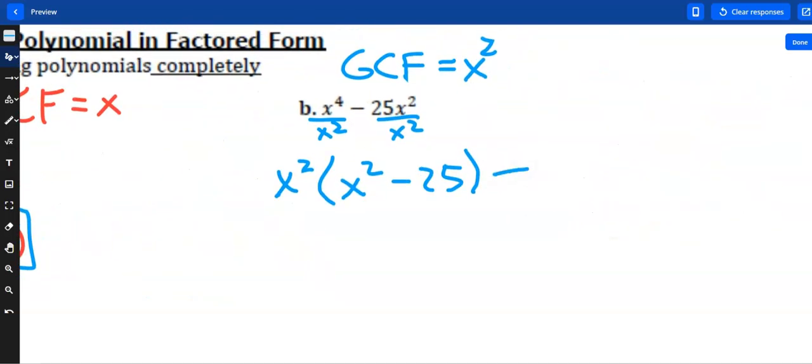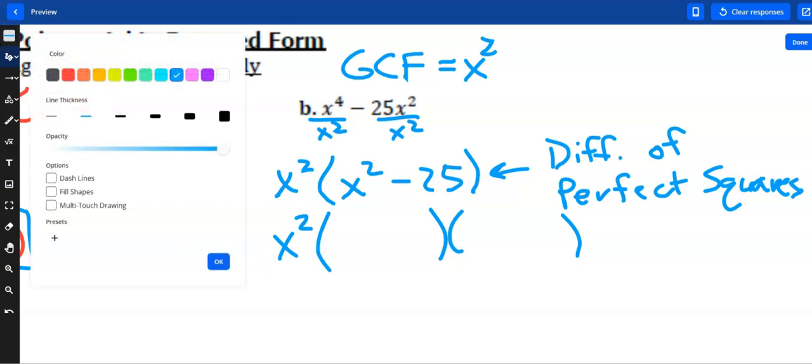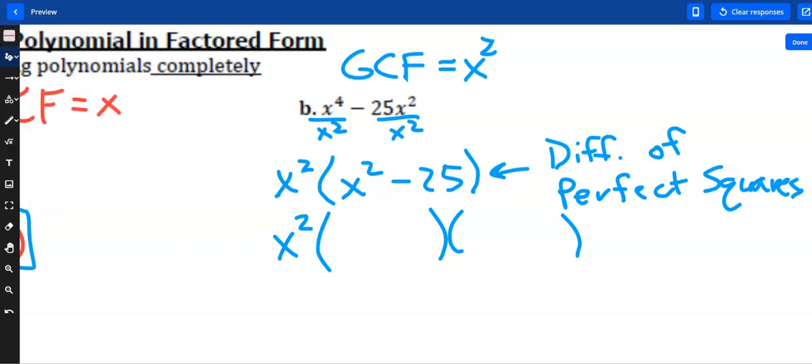Now, I see a difference of perfect squares, right? Which we have talked about before. And how do we factor that? Well, we leave the x squared on the outside, but then we're breaking up the parentheses. And let's see here. Obviously, the basic idea is you take the square root of this one and you take the square root of this one, and we got a plus and a minus.